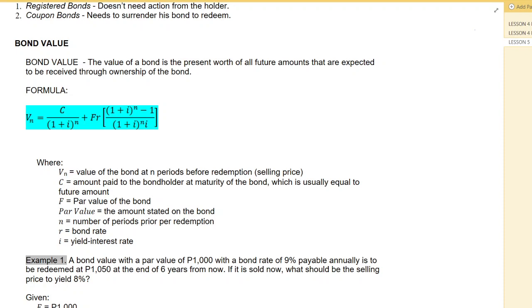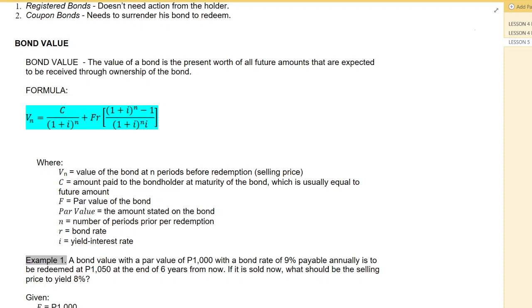So that is different to the nominal rate of interest. Okay, so for I, that is equal to the nominal rate of interest divided by the compounding periods, that is m, plus F multiplied by r. F there is the par value.